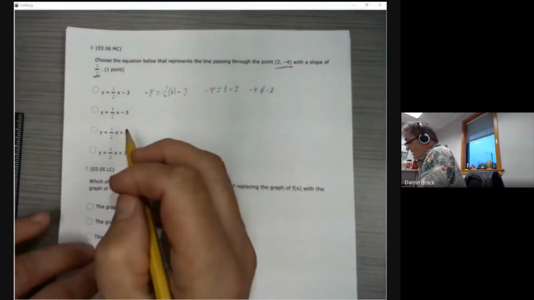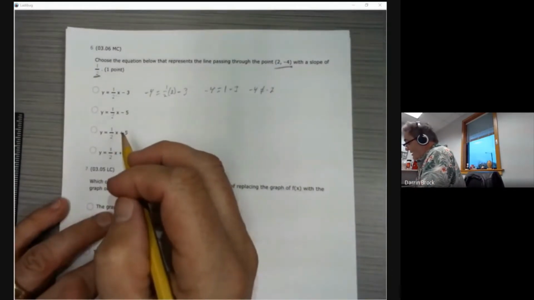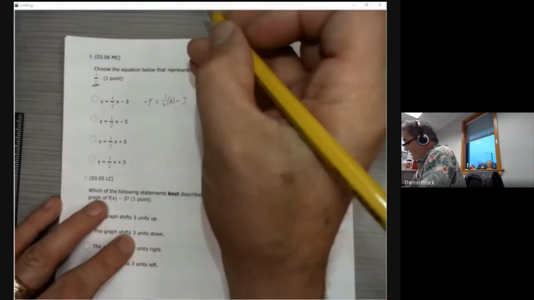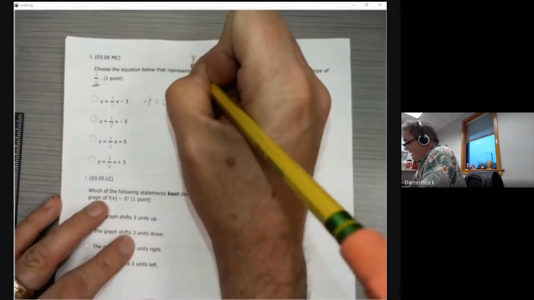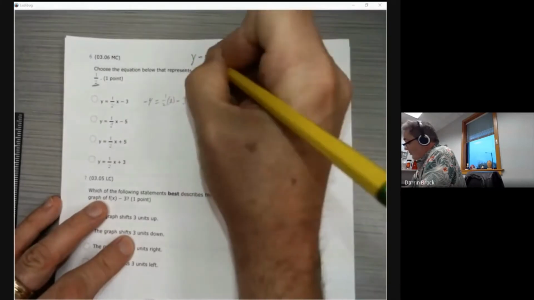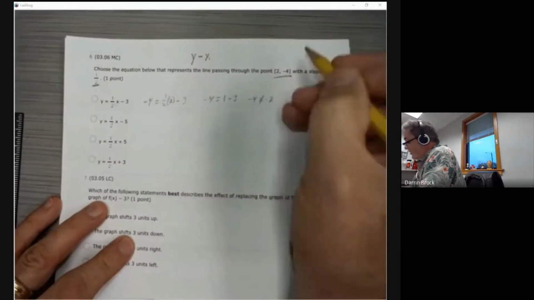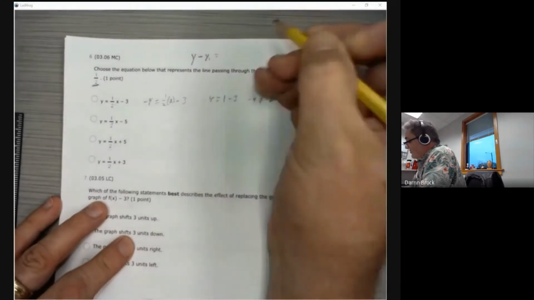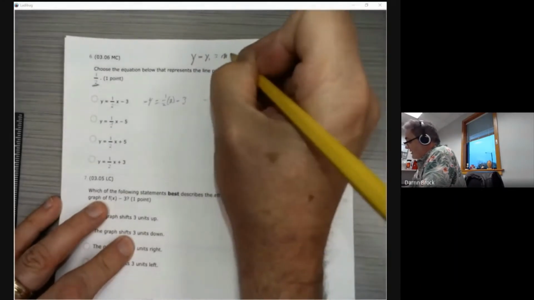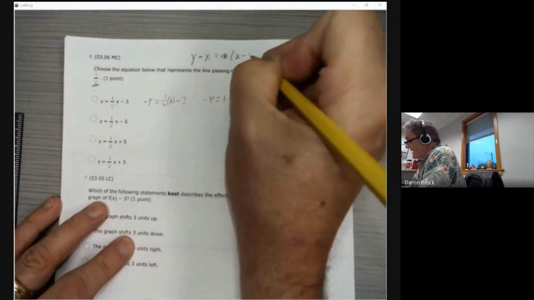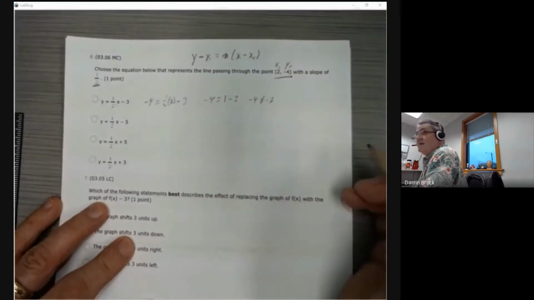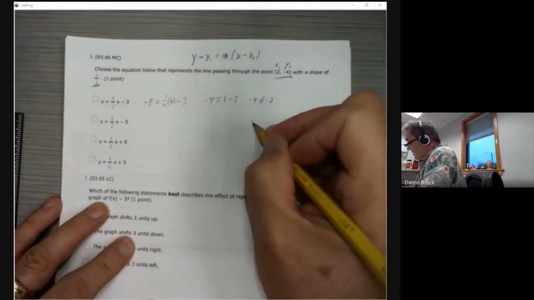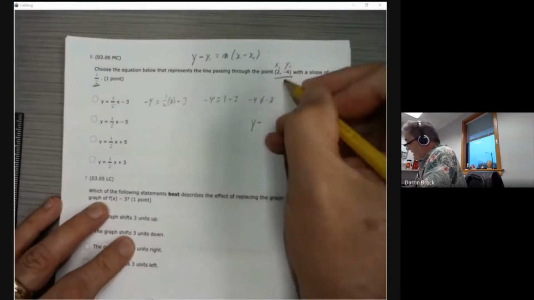The other thing we can do with that is we can use the point slope equation and convert it. Point slope equation is y minus the y value, we'll call it y1. This would be x1, y1. y minus y1 equals the slope times x minus the x value, which for our equation would be y minus, that's -4.